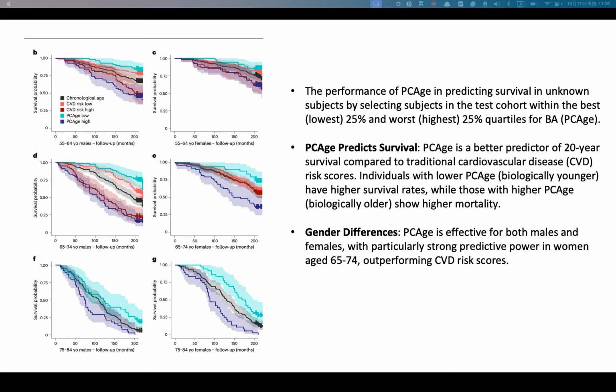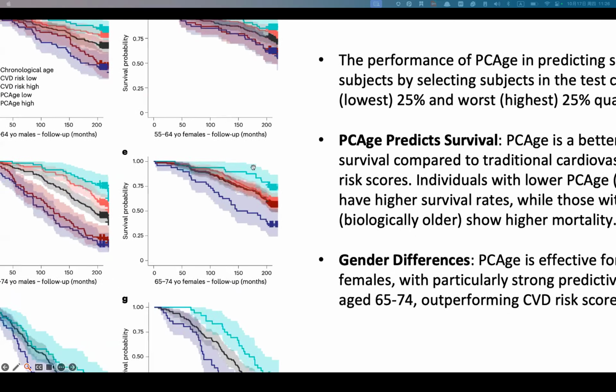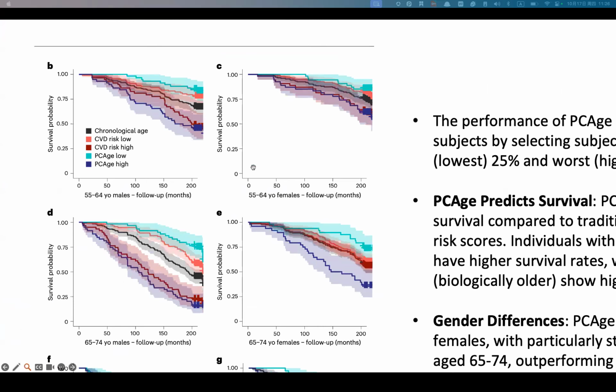This is a very common analysis method in medical papers. So this is for everyone, all individuals in the cohort? Yes, it is the average of everyone's survival probability.